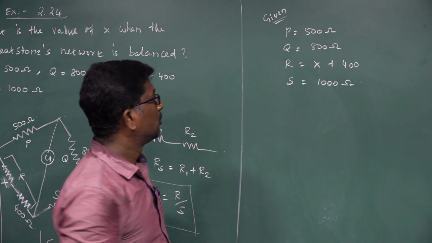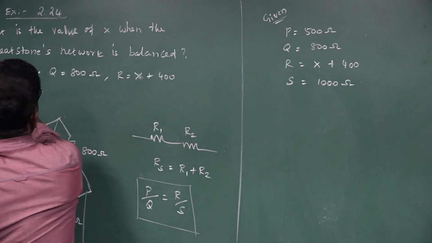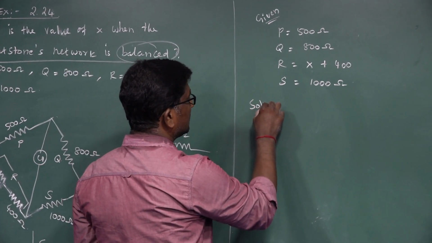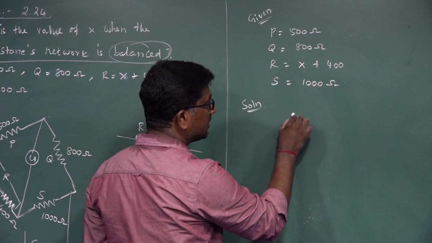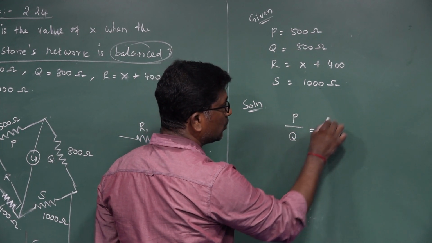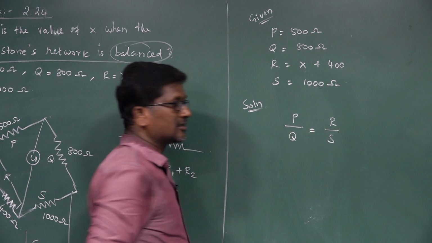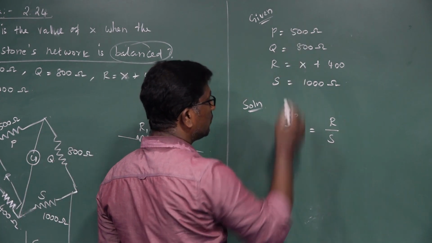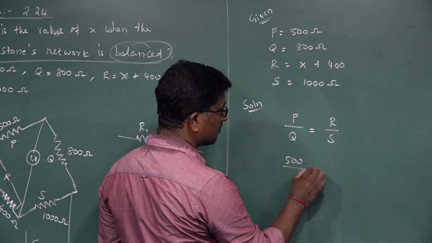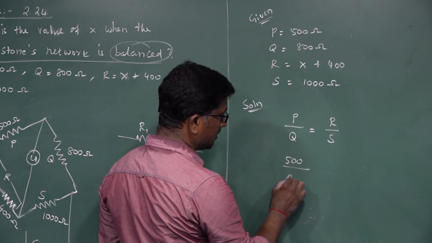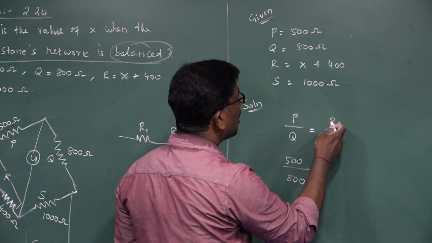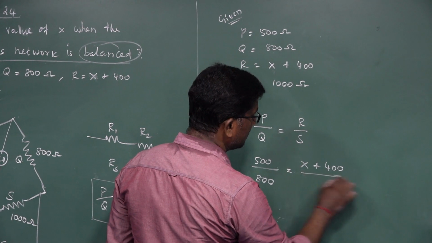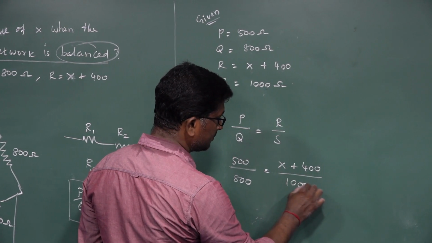Right. What we want to find out? X value. Right. Here, the Wheatstone network is in balanced condition. Therefore, according to bridge balance condition, P divided by Q is equal to R divided by S. Right. P value 500, Q value 800 equal to R value X plus 400, S value 1000.